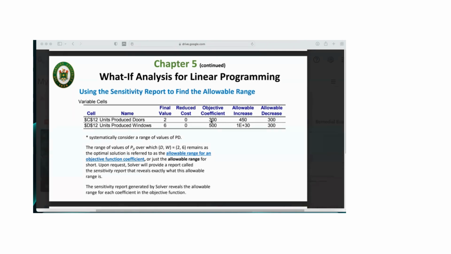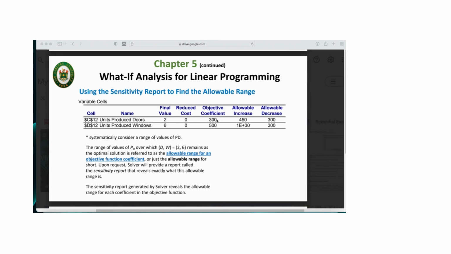But you change this 300 by 450, increase it. If you increase it by 450, what will this number be? 300 plus 450, that will be 750, which means that if you change this 300 to 750, you will still have this optimal solution, the combination of 2 and 6.